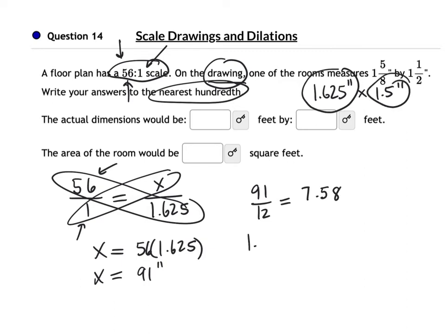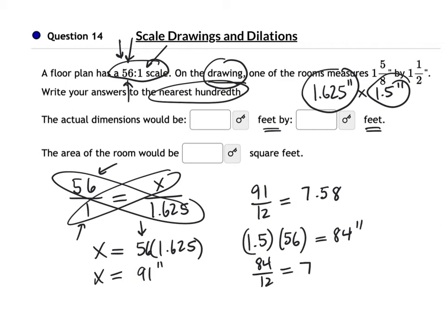Take 1.5, multiply it by 56, just like we did here. 1.5 times 56 is 84, but that's going to be inches, and it's asking for it in feet. Take 84 and divide it by 12, 12 inches in a foot, and you get 7. So we have 7.58 feet, that's to the hundredth. This ended up being exactly 7.